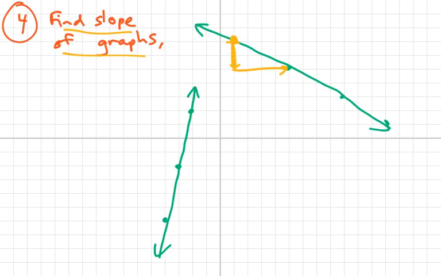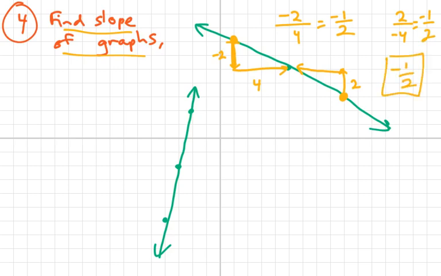We rose -2, and we ran 4. So down 2, right 4 is a slope of -0.5. You could have started with a right point and gone up first, so the rise would be 2, and then the run is left, so that would be -4, which simplifies to -1/2 as well. So that means for every 1 unit you go down, you go to the right 2 units.